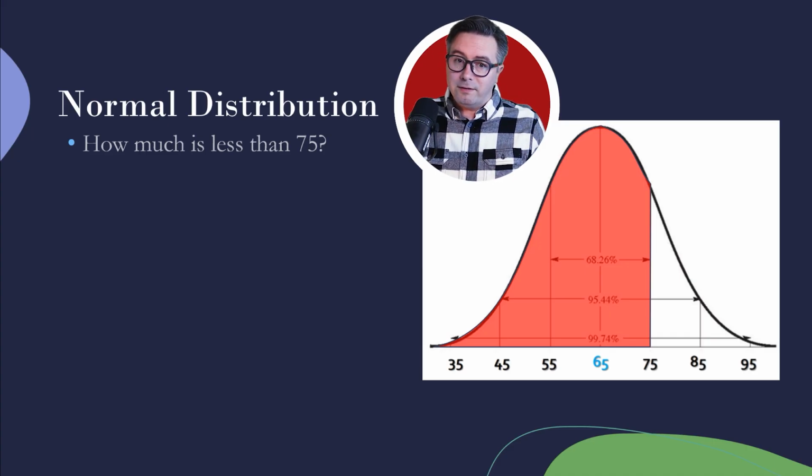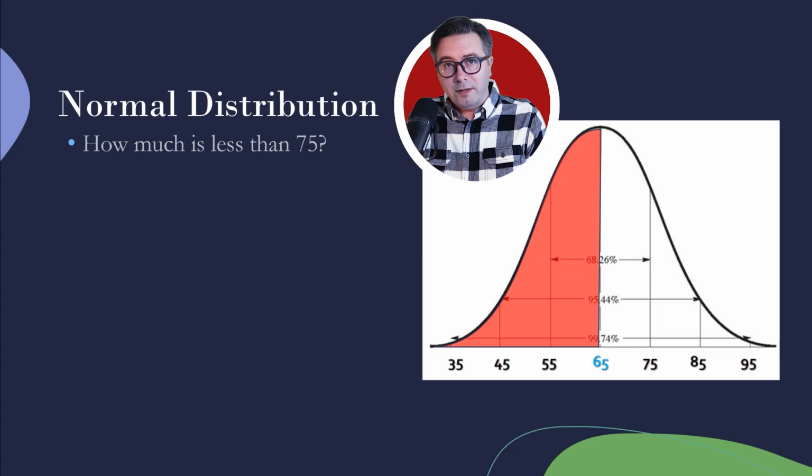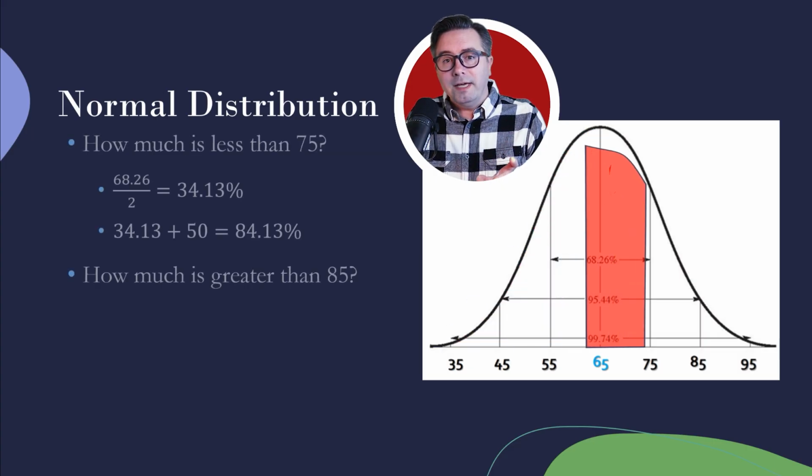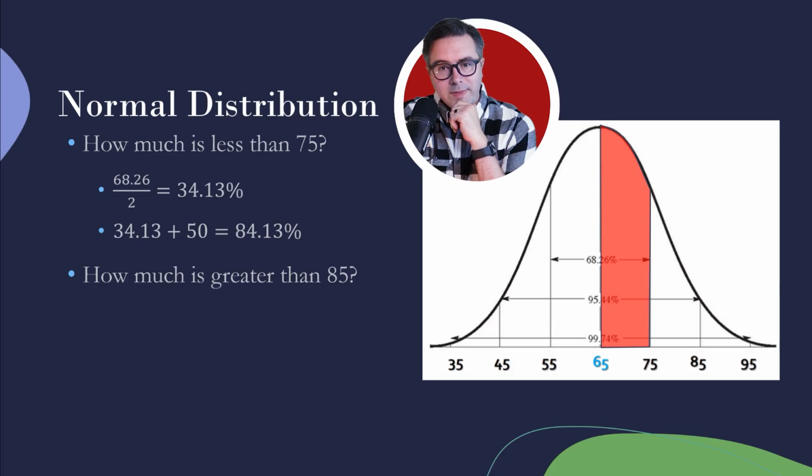Anything below 65 is 50%. So if we consider this to be 50%, then the only other part that we need to figure out is this part right here, and add it to 50, and that gives us our value. The way that we find out what this area is, we just divide the 68.26 in half, which is about 34.13%. Add that to 50, and we get about 84.13%. Okay, so next question. How much is greater than 85?